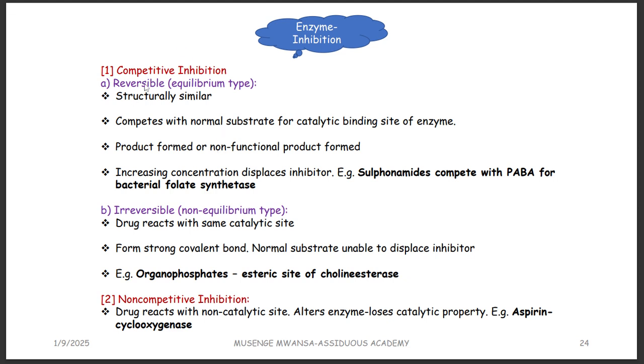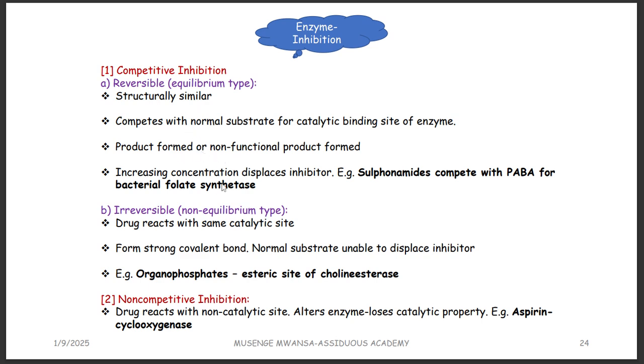Competitive inhibitors can either be reversible or irreversible. Competitive inhibitors bind to the actual site that the natural substrate is supposed to bind. So reversible competitive inhibitors are also known as equilibrium type. These have got a similar structure to the actual substrate that you're supposed to bind to the receptor.